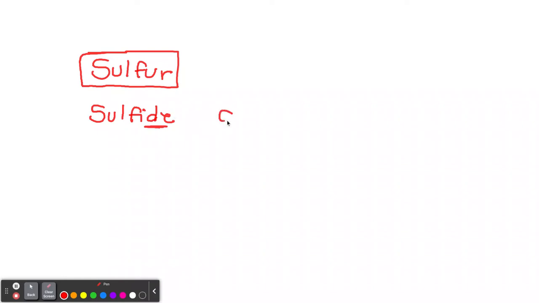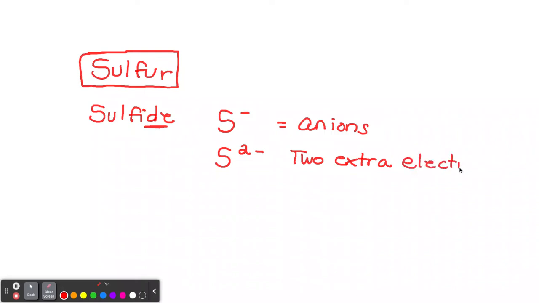Now, if you see this, it'll say sulfur with a negative sign. So you know that's a negative ion, and you know negative ions are anions. Now, if you see sulfur, and let's say it has a number 2 next to it, and then the negative sign, that means it has 2 extra electrons. Not just 1 extra, 2 extra electrons. And it's still negatively charged.